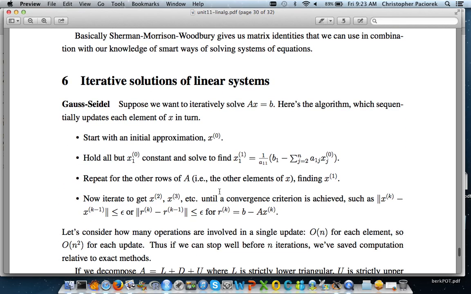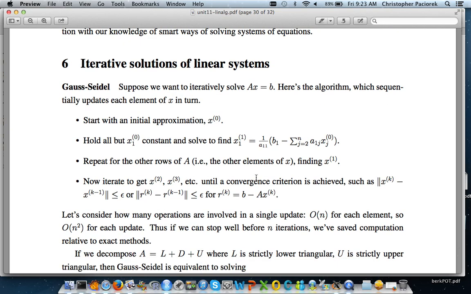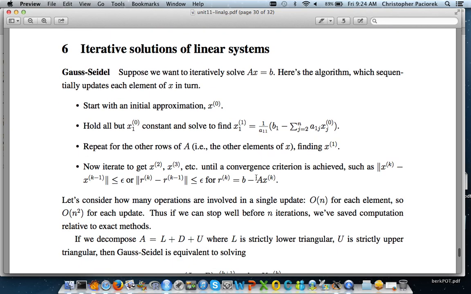Okay, so there's this last section in section 6 that I don't think I'm going to go over now. The idea basically is sometimes you may want to solve a linear system and it's just too big to do exactly with the techniques that we've already discussed. And there are actually iterative algorithms that will allow you to, for example, solve systems of equations. One of these is called Gauss-Seidel.